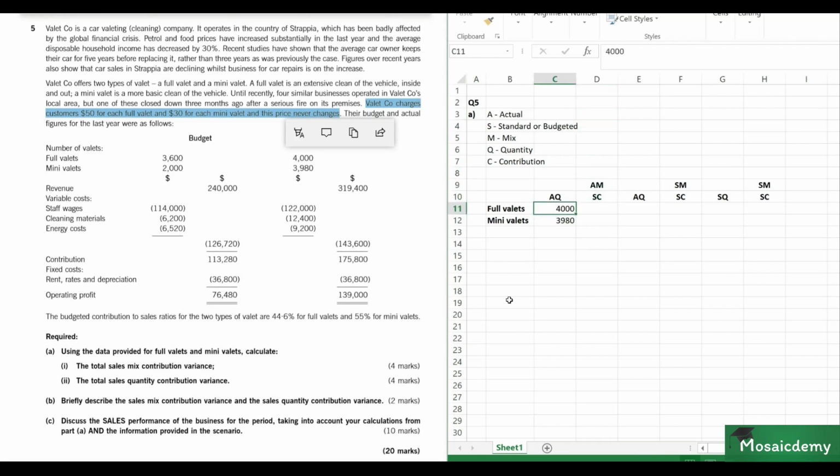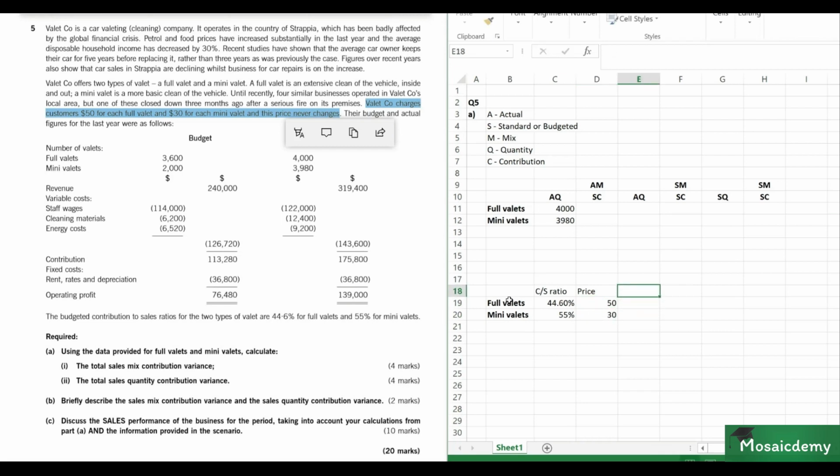So we have full valets and we have mini valets. Okay, so let's put it down here. So their CS ratio was 44.6% and how much? 55%. Okay, and the price for each was 50 and 30.